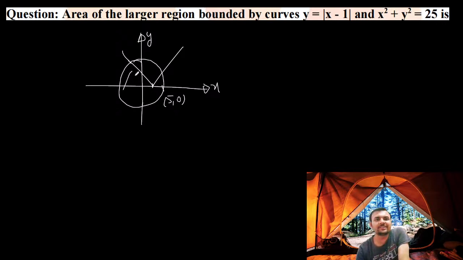That means this is the area of the larger region, isn't it? So this is x minus 1. This is y, 1 minus x. So if we solve it, even it is not possible to get it, isn't it? So they have given this somewhere in a bit difficult way.